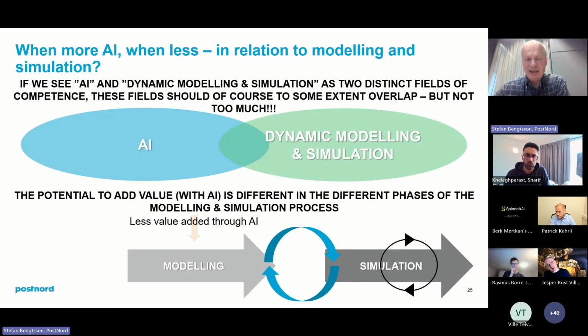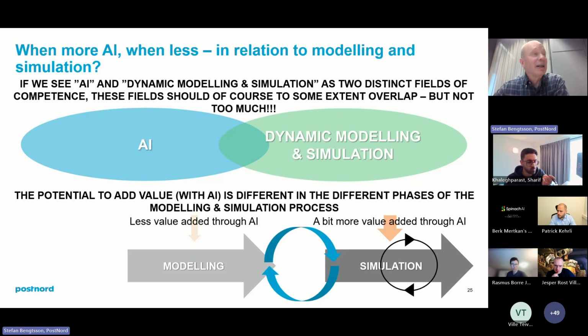And I would claim that in the modeling phase, the creative phase, we should be very, very careful with letting AI take any major chunks, because then we will hurt the learning process that the modeling process will give us.